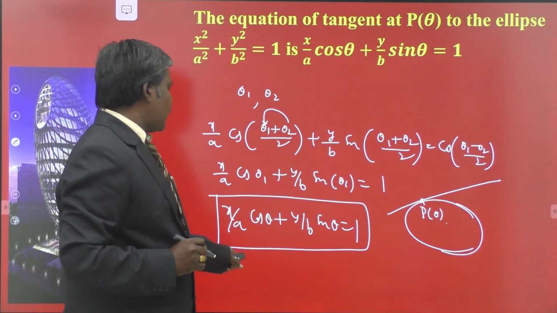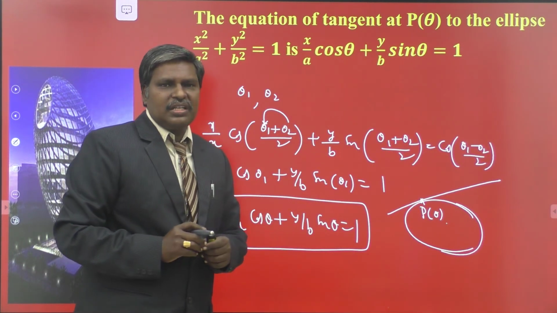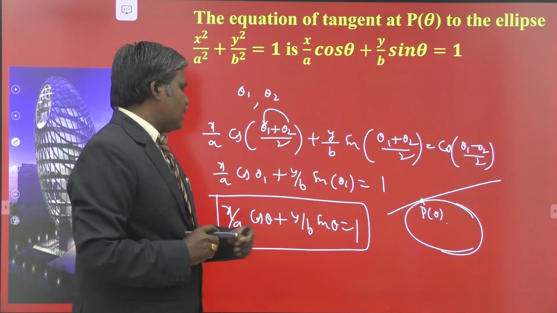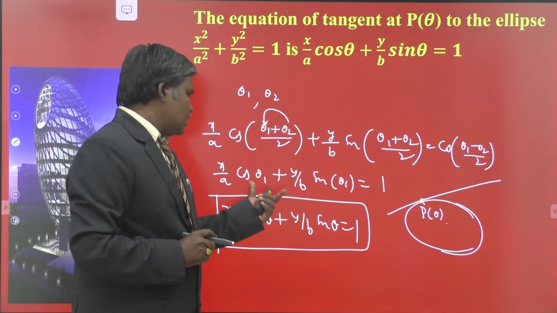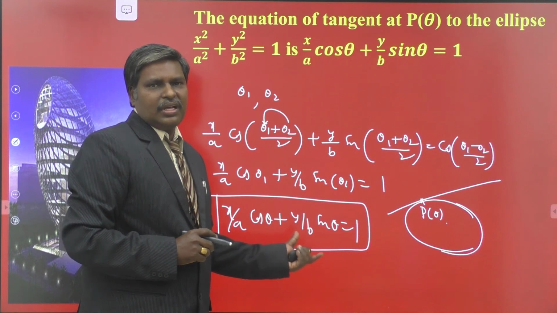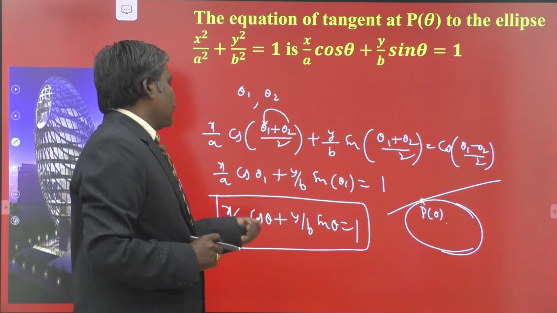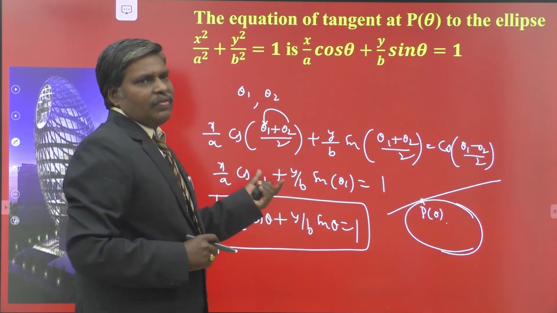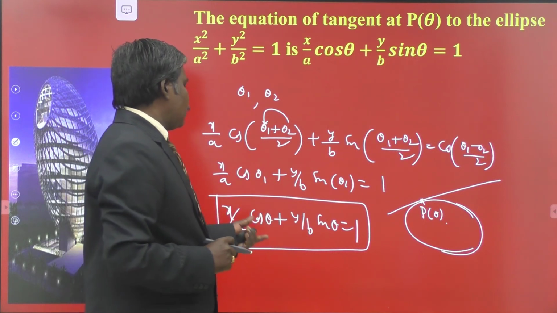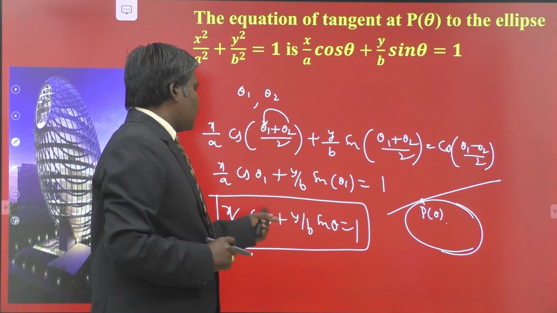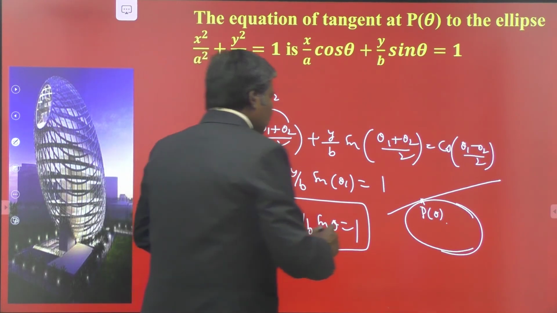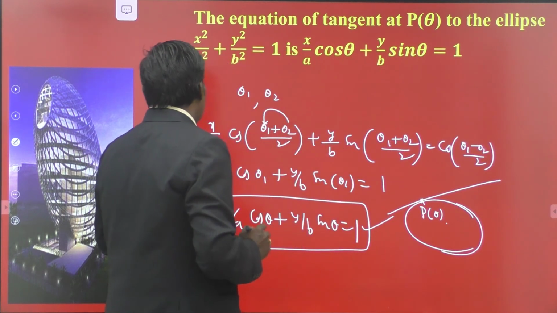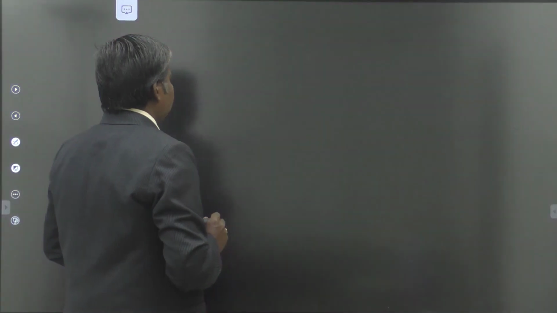What is the equation of tangent, my dears? x by a cos theta plus y by b sin theta is equal to 1. This is the tangent at P of theta to the ellipse. So at x1, y1 it is S1 equal to 0. At P of theta it is x by a cos theta plus y by b sin theta is equal to 1. Next one.